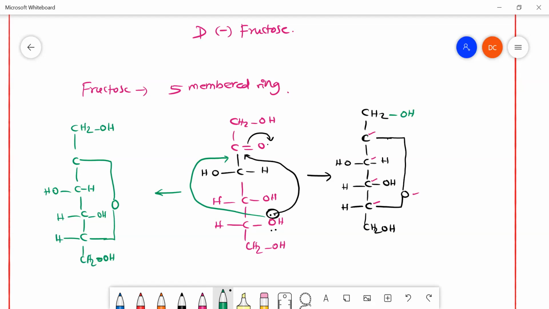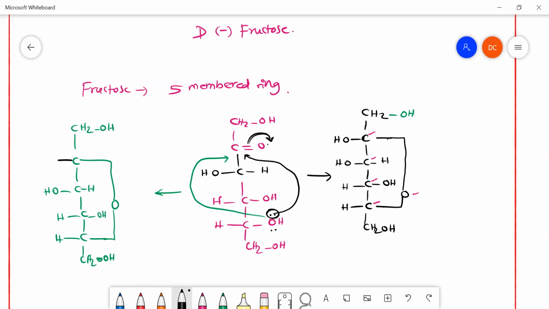Is that clear? How many carbon atoms totally? And here on this side we have the OH group. Because this carbon becomes hydrogen, that hydrogen can be transferred to this. So here I'll get the OH group, and here also the same thing, I'll get the OH group on the right side.